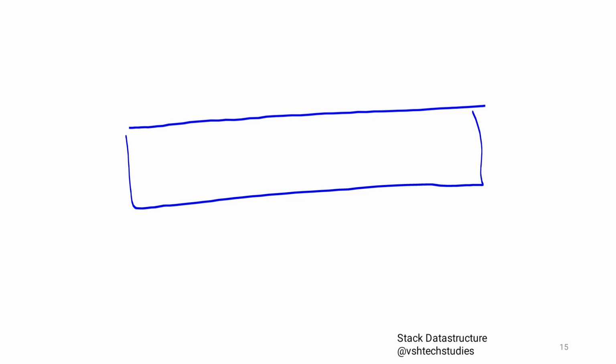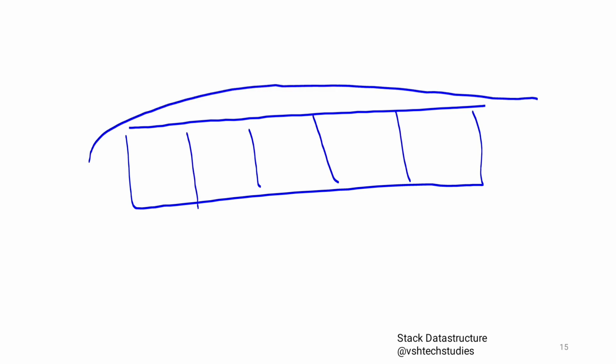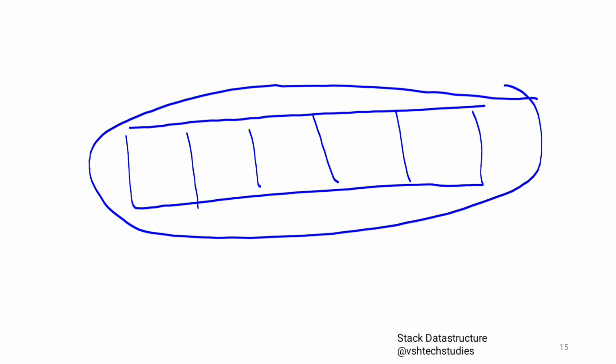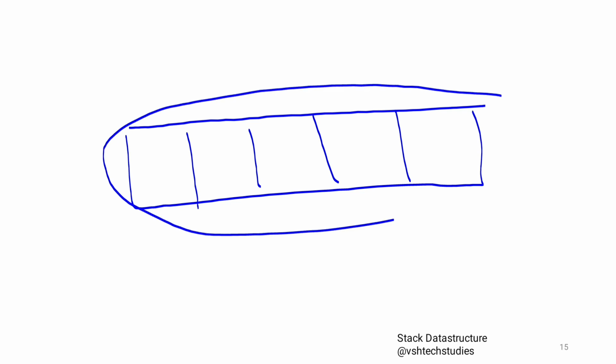So if 5 consecutive memory locations are reserved, it is an array data structure. What is the name of this array? Let us give it as stack. We can give any name, A, B, C, then A array, B array or C array. Now we are giving the name stack.